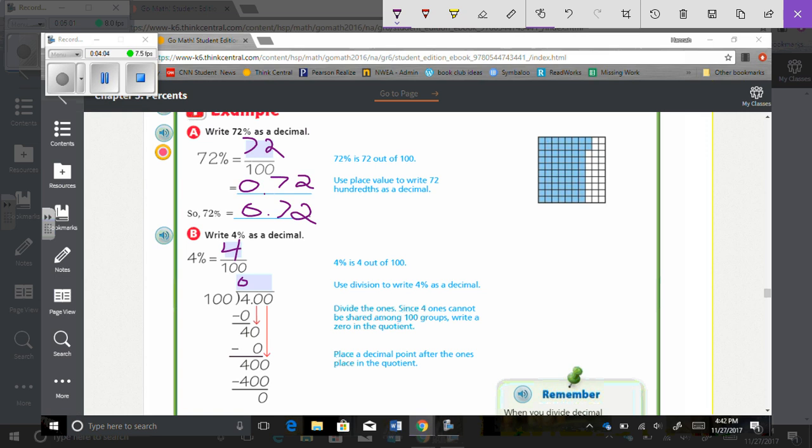Subtract, bring down the 4, then we get to look at the tens place instead of the ones. So then we're going to say 100 still does not go into 40. Subtract 0, again bring down the 0, and 100 goes into 400 4 times. So since the decimal point is after the ones place, we see that we have 4 hundredths.